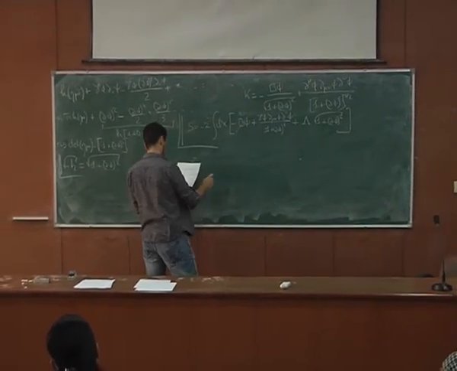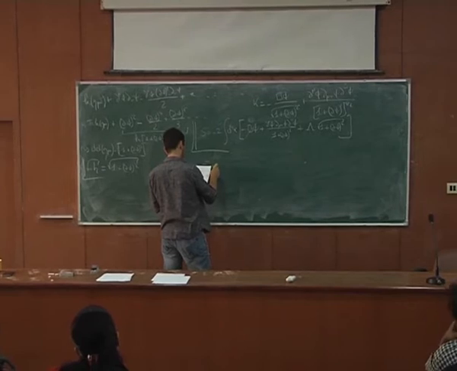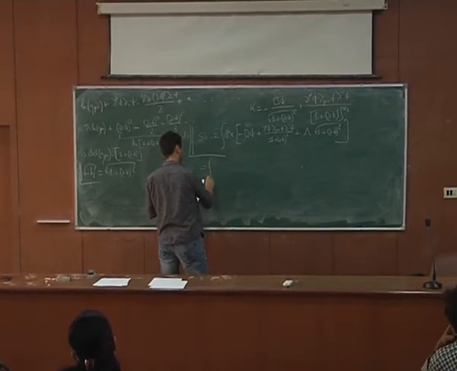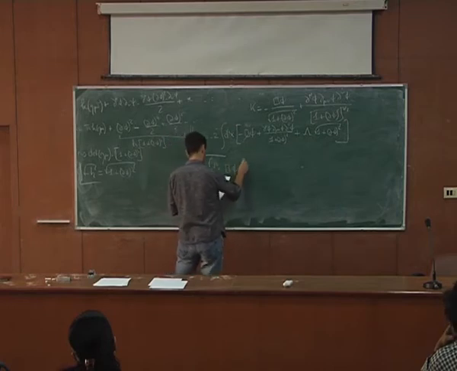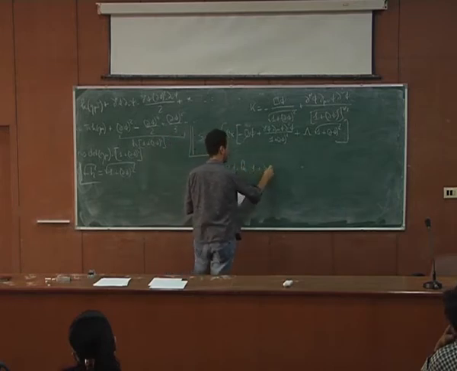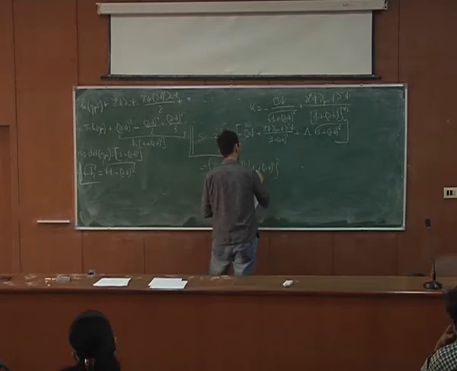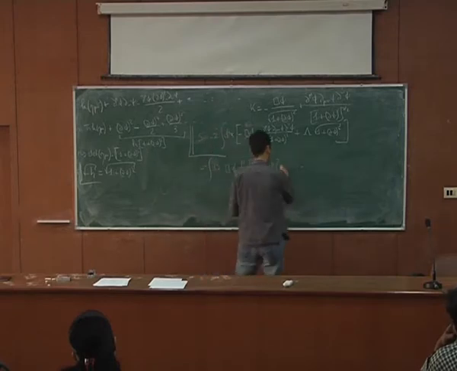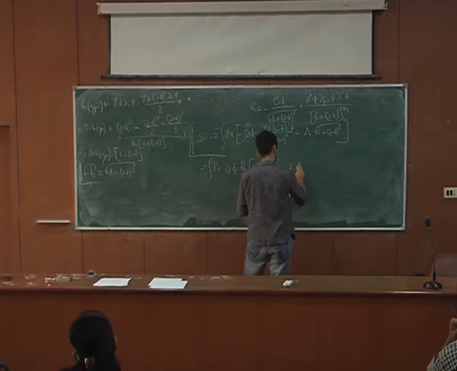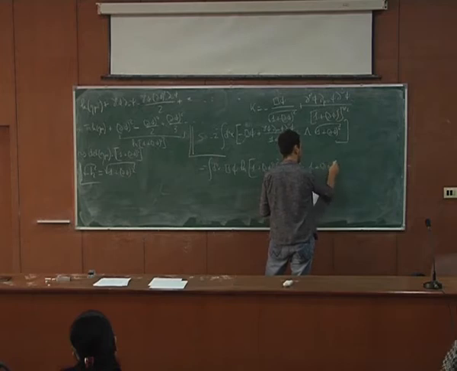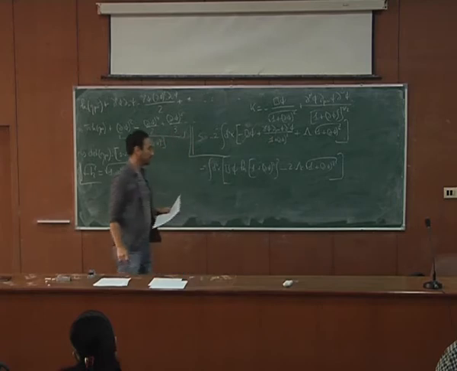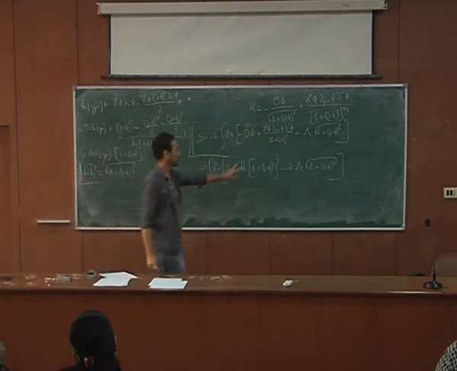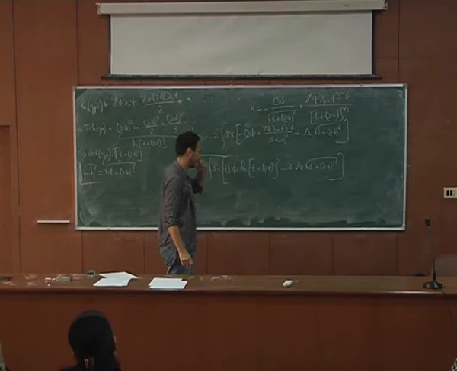This is just going to be the integral of d4x box phi log 1 plus d phi squared, and minus 2 lambda 1 plus d phi squared. So this is our final action, just by doing some integration by parts here.